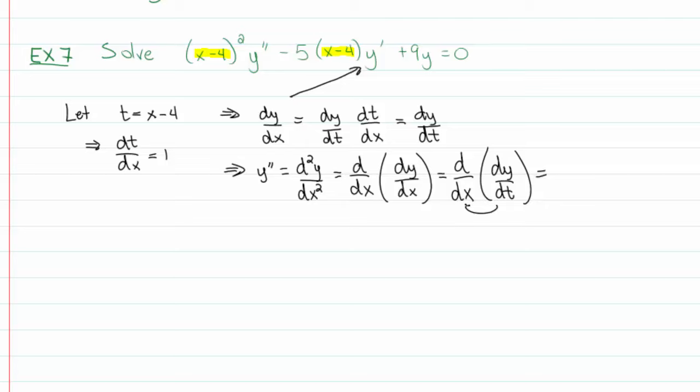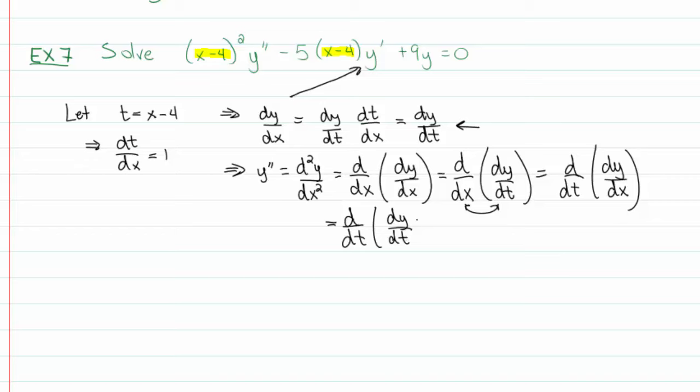No harm, no foul. We could swap those right there. So this is d dt of dy dx. And we have just shown that dy dx is, through this example right here, dy dt, sorry. And that's the second derivative of y with respect to t.